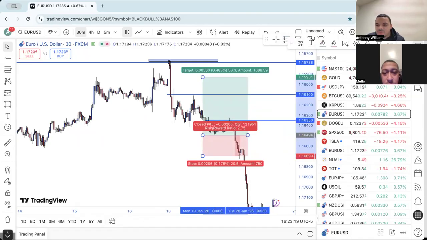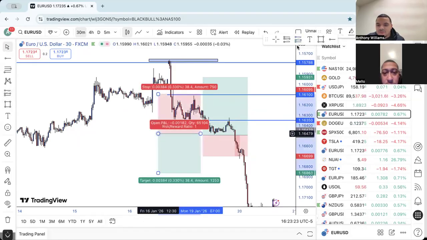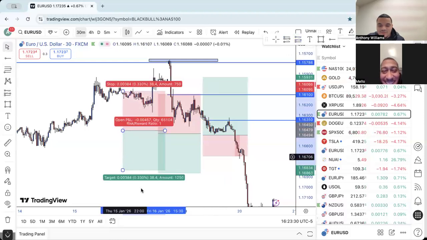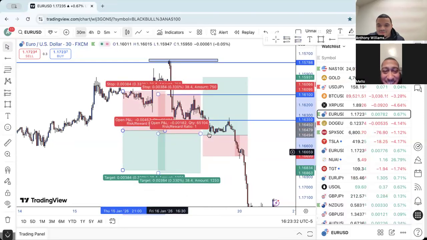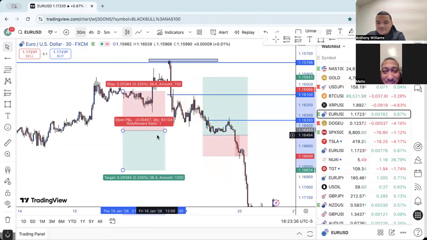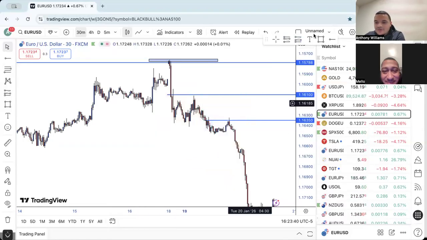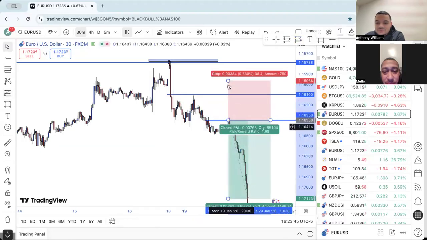I don't know why they have it backwards. Am I tripping? This says long position and it's going down. What the heck? I'm sure there's something I have to tweak in here, but all right. This is supposed to be a short position, so it's going down.